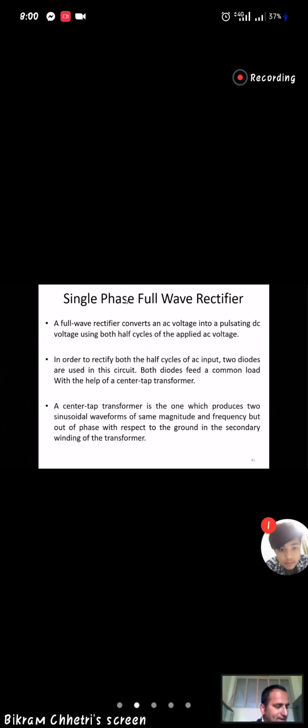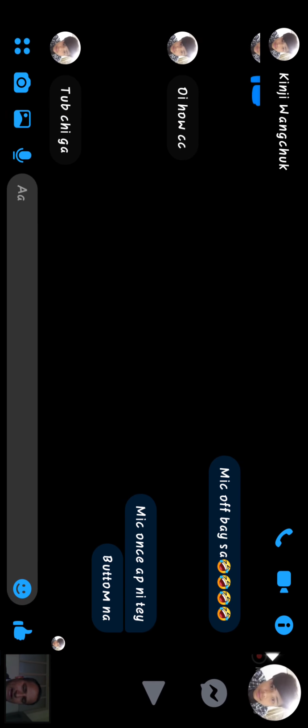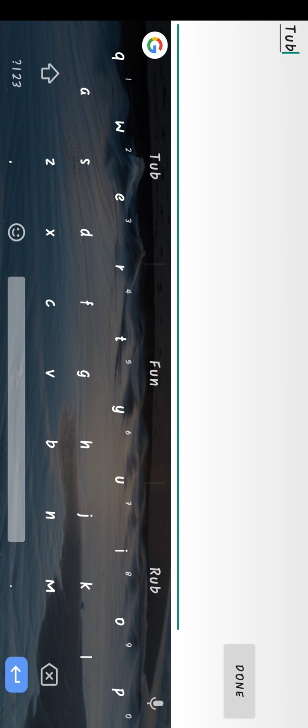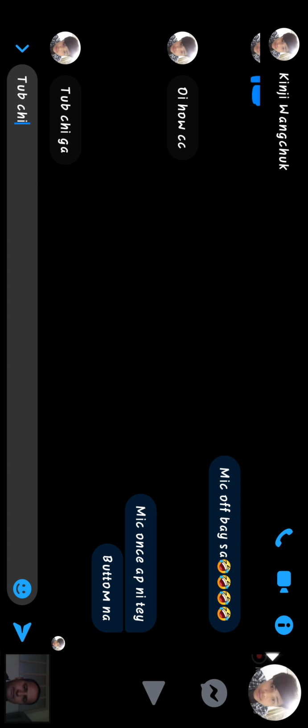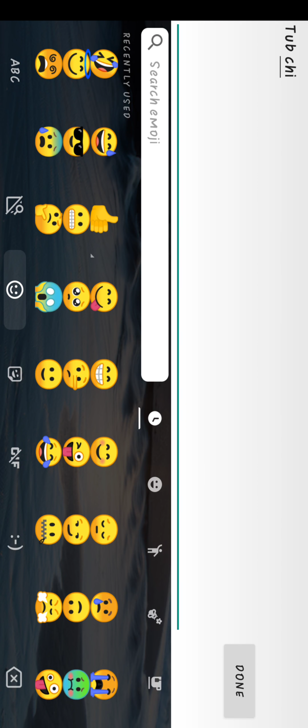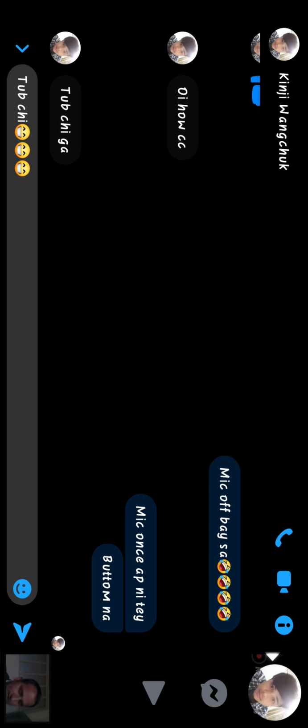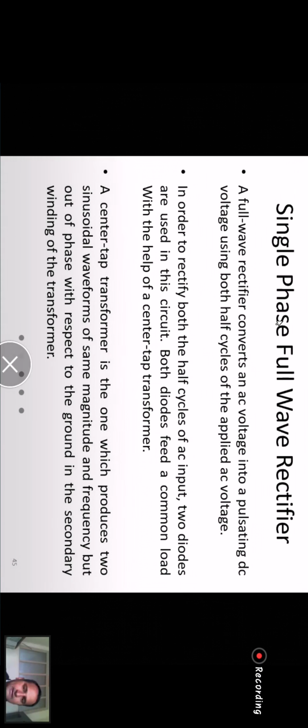The other advantage is that the energy stored in L is transferred to R through the freewheeling diode, so the system efficiency will improve. So it prevents the voltage from becoming negative, and it increases the efficiency.